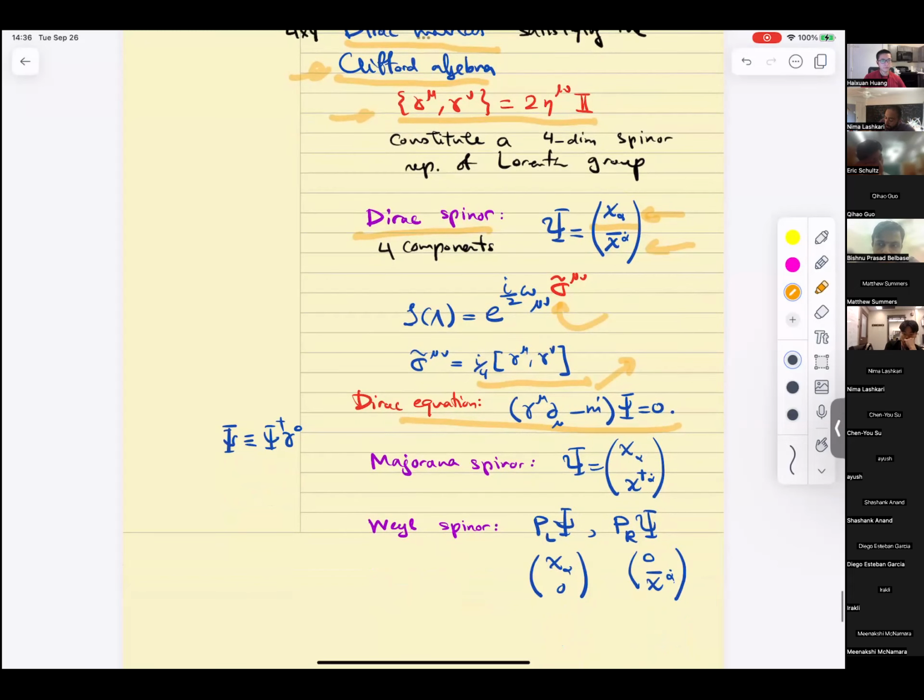If I take the right one to be the complex conjugate of the left one, that's called a Majorana spinor. If I take the Dirac spinor and apply the projection that projects onto the bottom 2 components or the upper 2 components, I get what are called Weyl spinors. Such a projection is only consistent if m prime is 0.